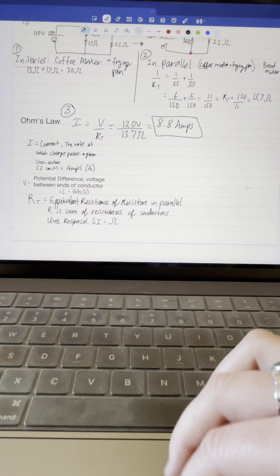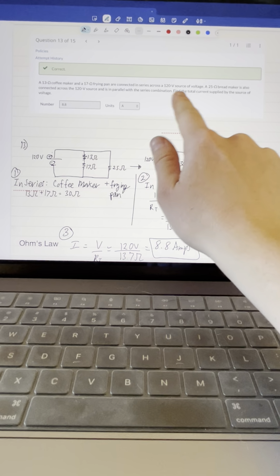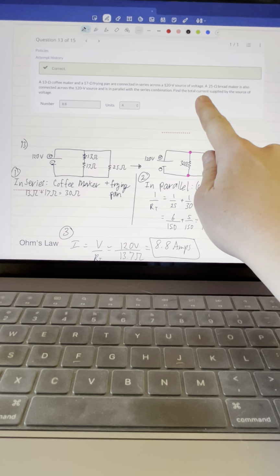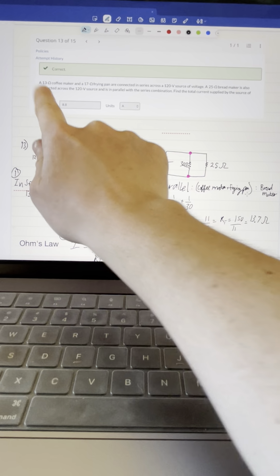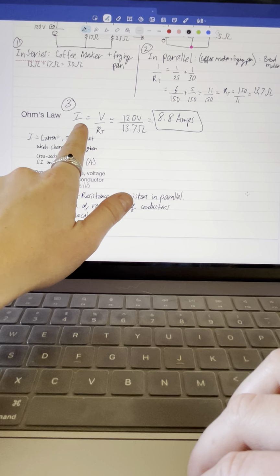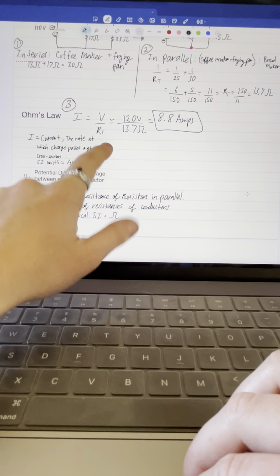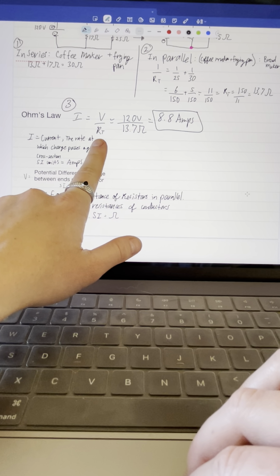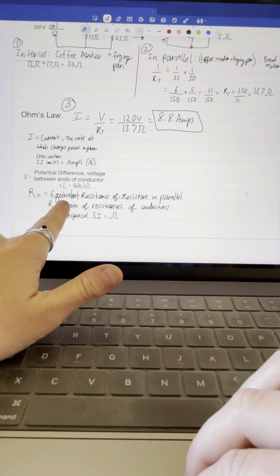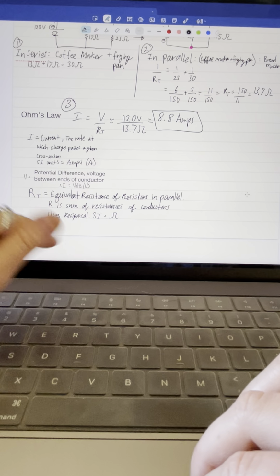Since I'm looking for the total current, I, supplied by the source of voltage, I know I'm going to be using Ohm's law, which is I equals V over R. For this, I also had to find RT, the equivalent resistance of resistors in parallel.